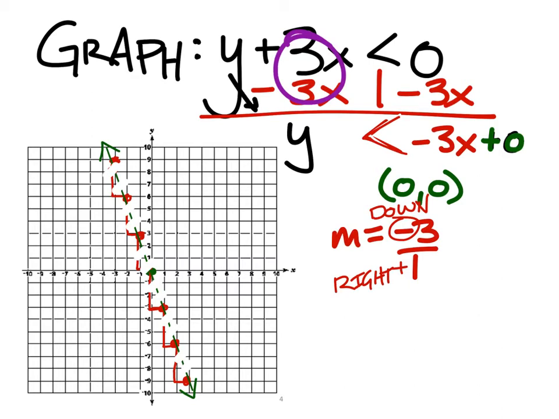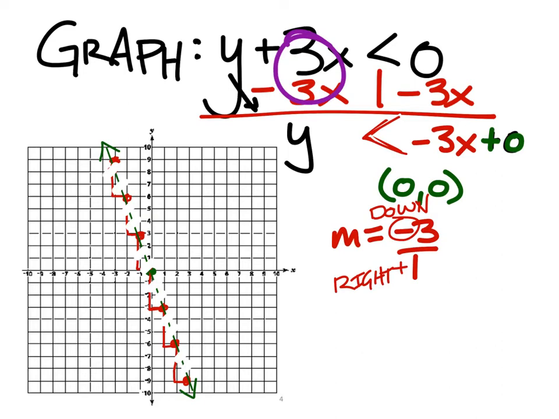But now that I've dashed it, I need to figure out which side of the graph to shade. Now the shading indicates that everything in the shaded area would make the original inequality true, and all the points on the line make the original inequality false, which is why it is dashed.